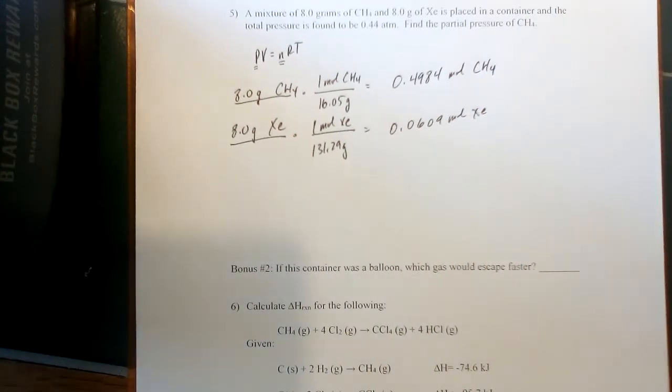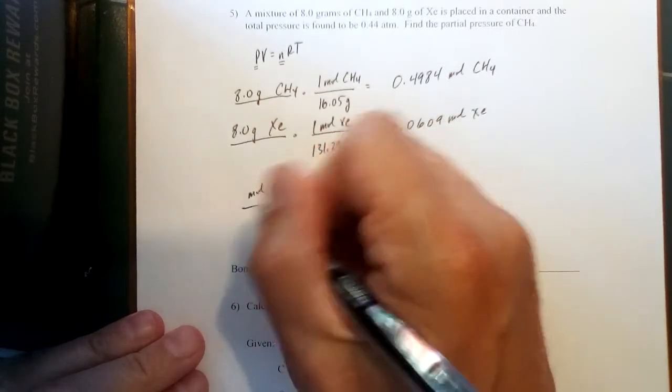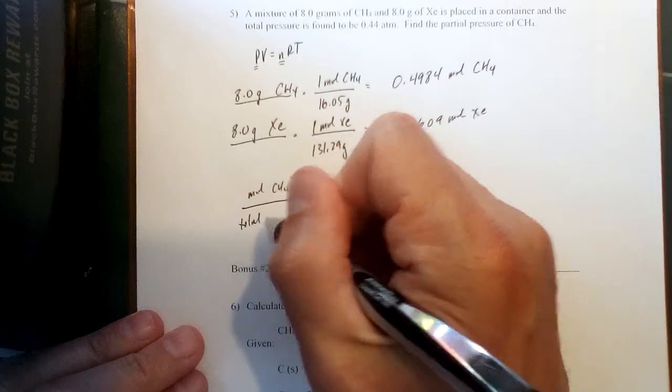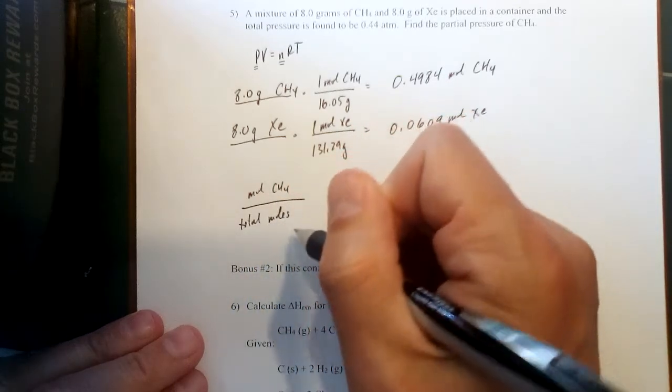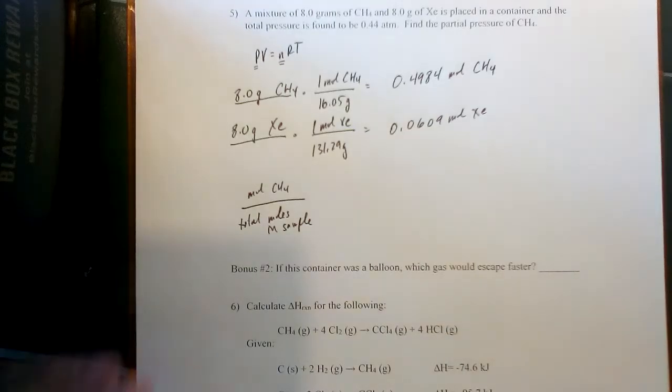Now, to figure out, in terms of moles, how much of my sample is methane, I can do a simple ratio. If I take moles of methane and divide by the total moles in the sample, that'll give me what portion of the sample is methane in terms of moles.